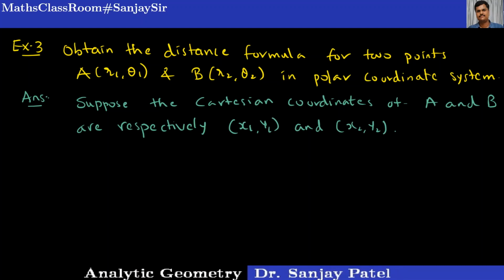Okay, that means for A, Cartesian coordinates are x1 y1, for B it is x2 y2.